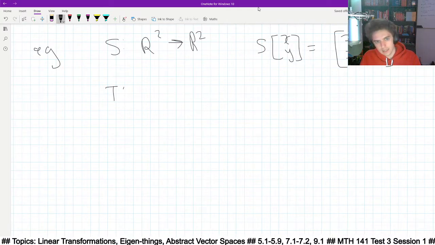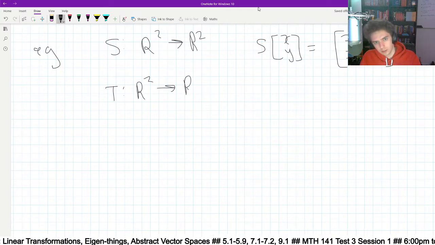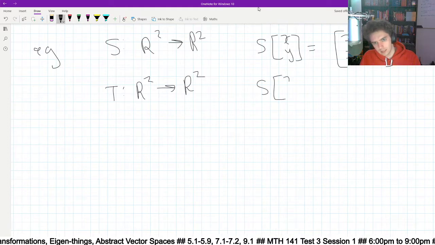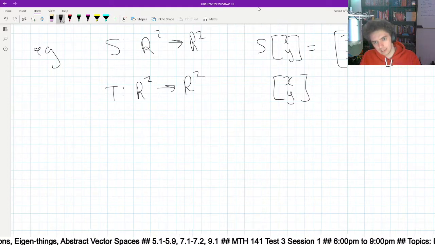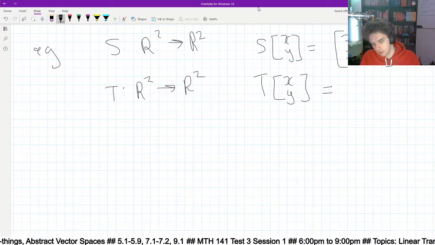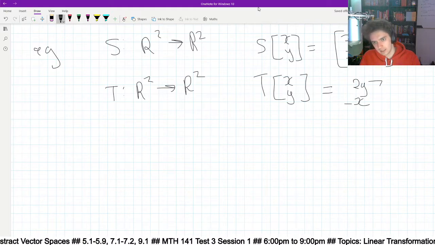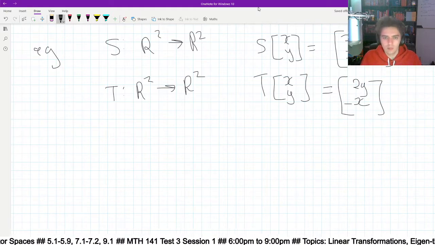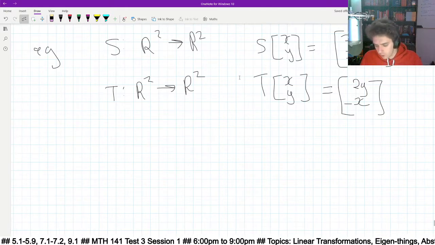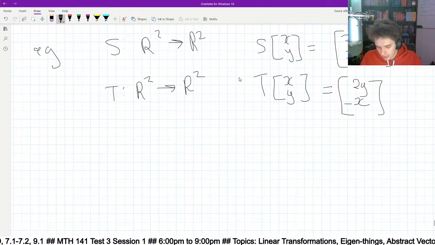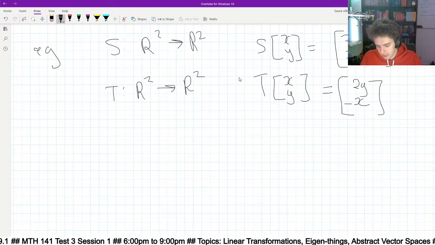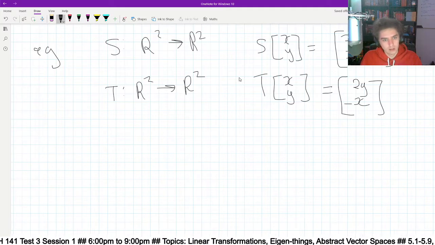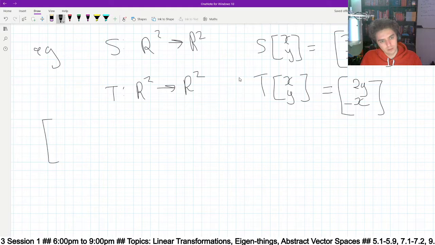T is a transformation from R2 to R2, where T of (x, y) is equal to 2y minus x. Our goal for the question is to find the matrix representation of T of S. That's it, actually. So find the matrix representation.